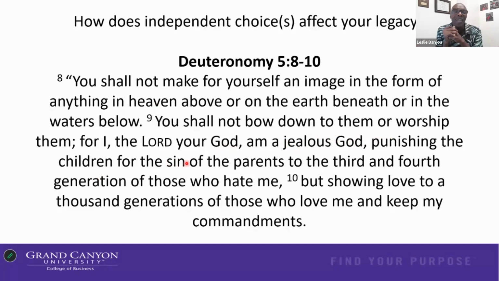Some of you may be saying, how can a loving God punish the children? But can you see it from this perspective? Your decisions, your choices do affect and have consequences on your children and your children's children. Just imagine you make a choice and your decisions affect your children and your children's children for three to four generations.